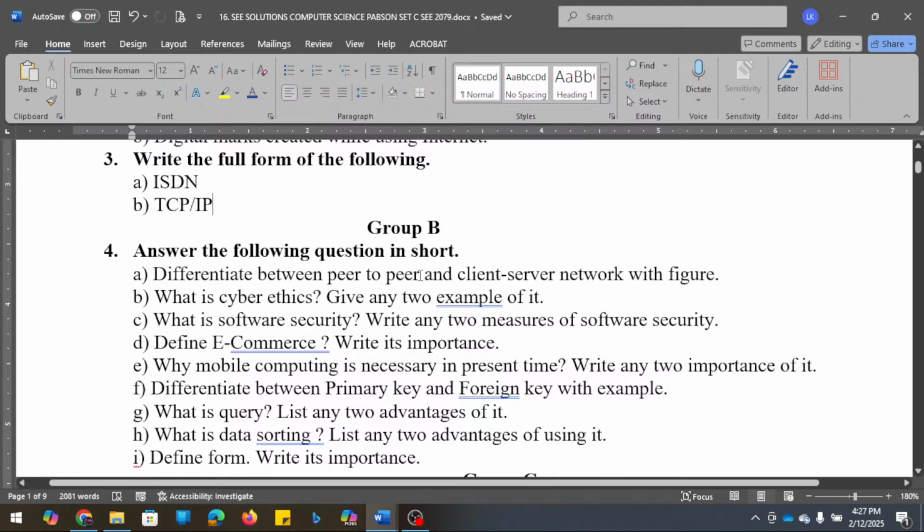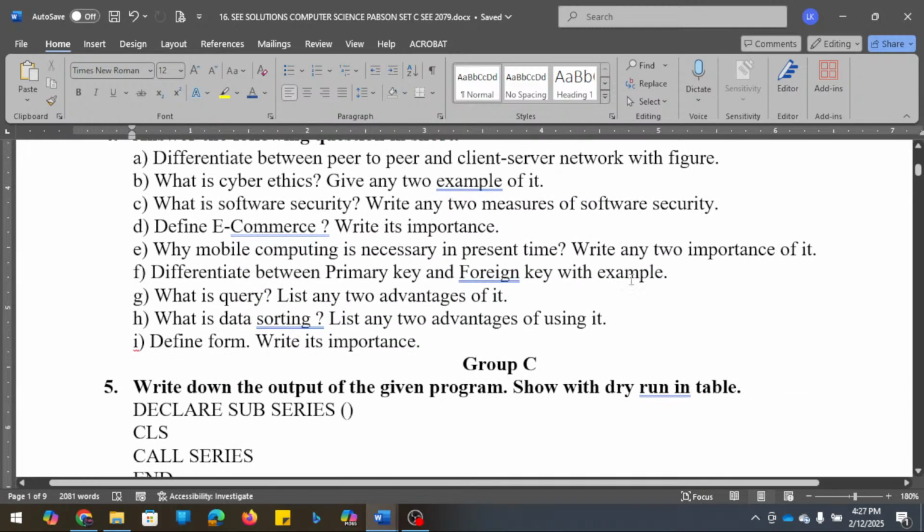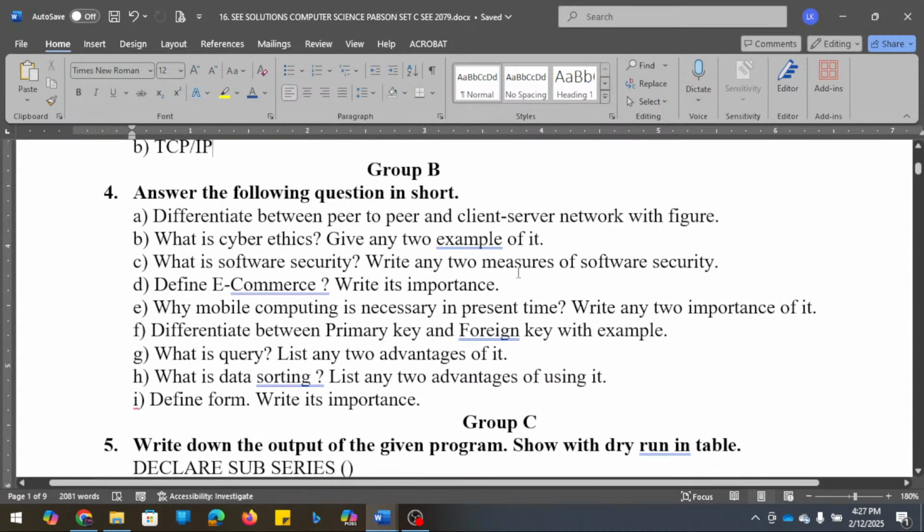Difference between peer-to-peer and client-server network, with a figure.